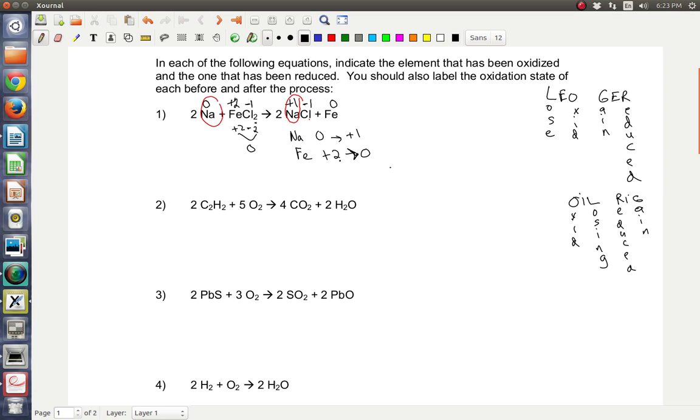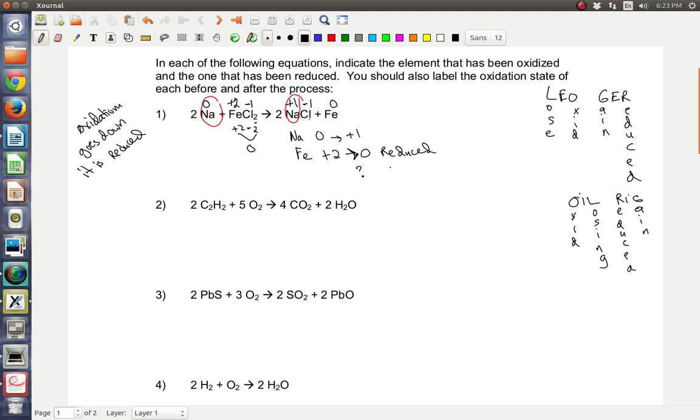You can see here that the oxidation number of iron went down, and when the oxidation number goes down, the element is reduced, and that makes sense to me. So iron is reduced. And if you're reduced, you have to gain electrons. So it did gain electrons.